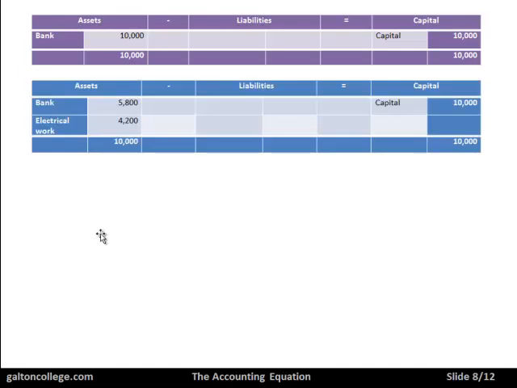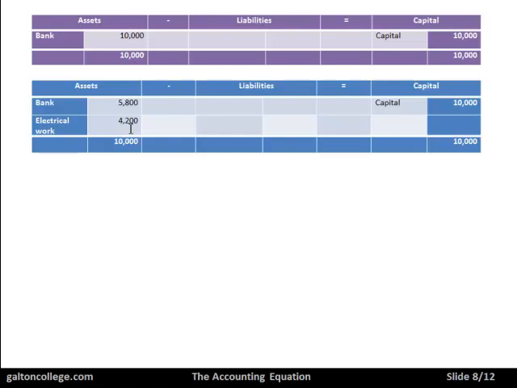However, he had to pay for his electrical work. So he had electrical work done, which is an asset of the business because the office is now much better and more suited to running the business. So he paid £4,200 for that, leaving him £5,800 in the bank. His capital is £10,000 because he has work done to the value of £4,200 and he's got £5,800 left in the bank.